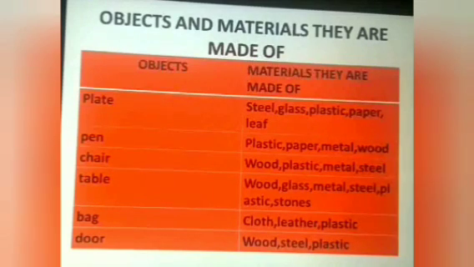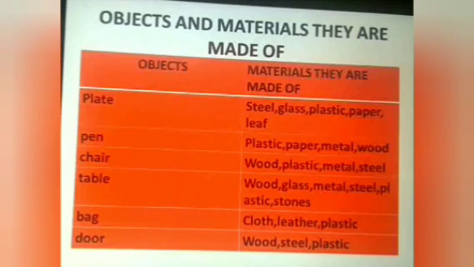Objects and the materials they are made of. Here in the first column, objects are given: plate, pen, chair, table, bag, door, and so on. Then the materials they are made of. Plate is made of steel, glass, plastic, paper. Sometimes leaf also we can use to make the plate.